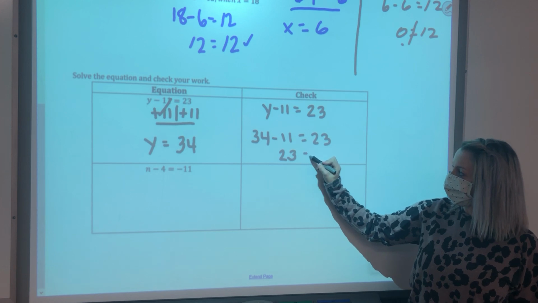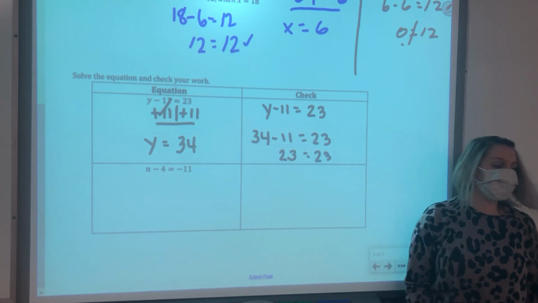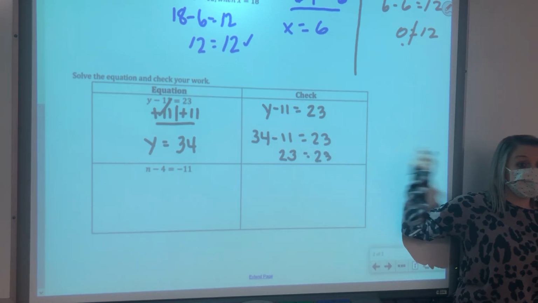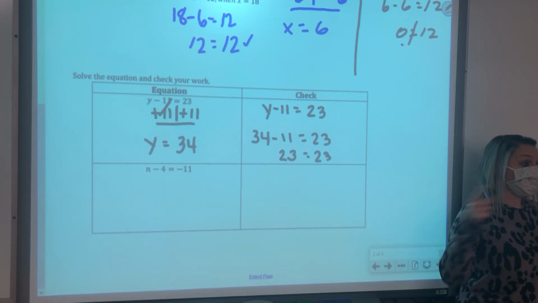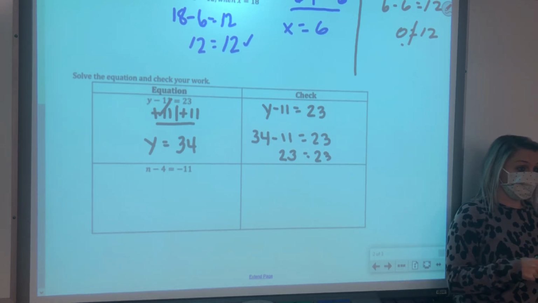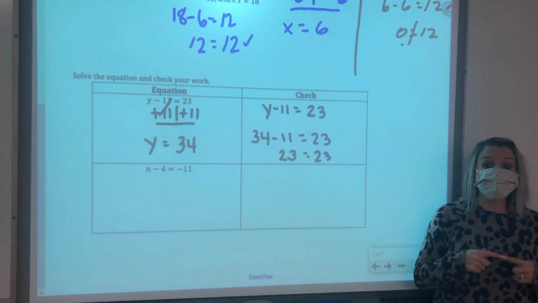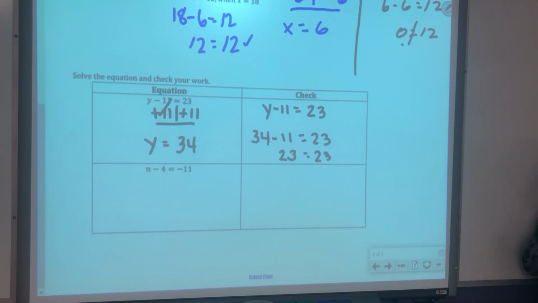Don't just walk through the steps. Actually do the math, do the subtraction, do the addition. Actually do that, because the chances that you will get it wrong are high if you just think, oh, I just gotta plug this in and check, I'm done.